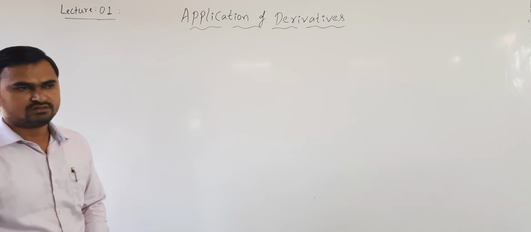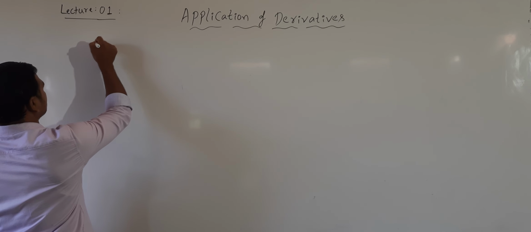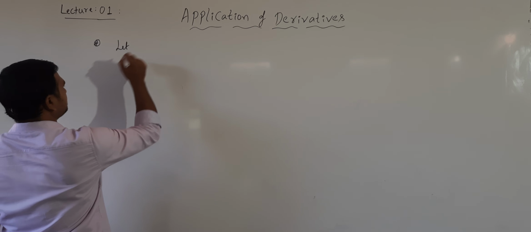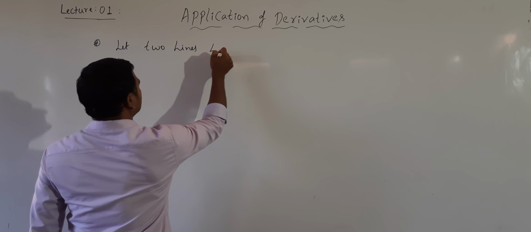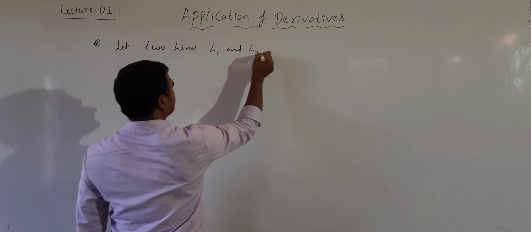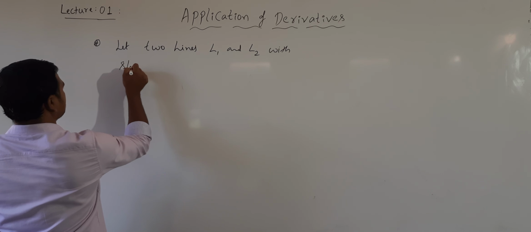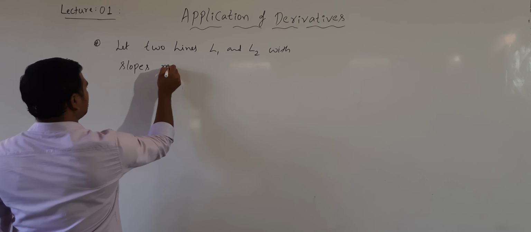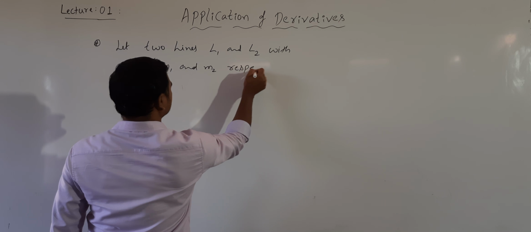Next, suppose the lines are parallel, like two lines L1 and L2 with slopes m1 and m2 respectively.